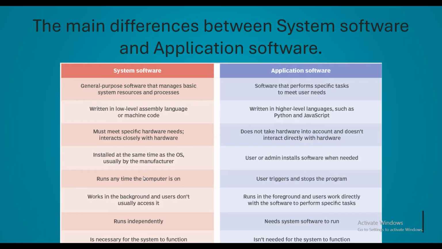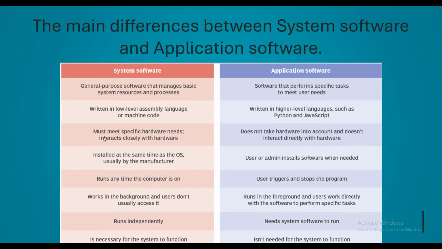System software is written in low-level assembly language or machine code, so it's nearer to the machine code. On the other hand, application software is written in high-level languages such as Python, Java, and JavaScript.